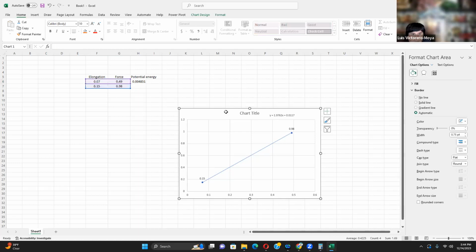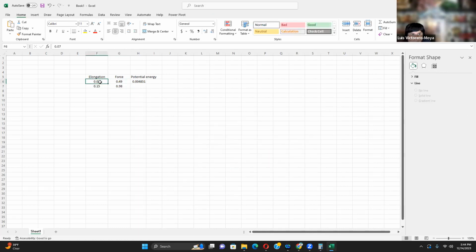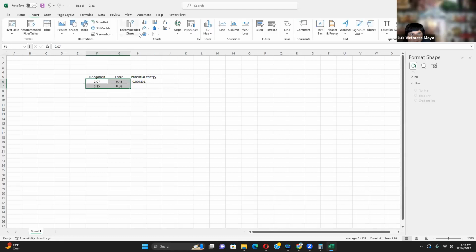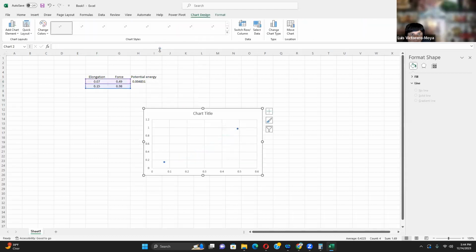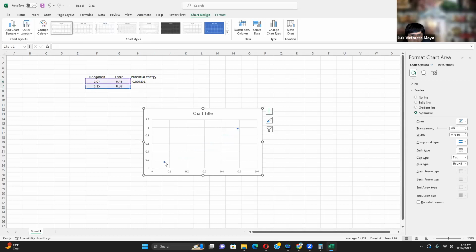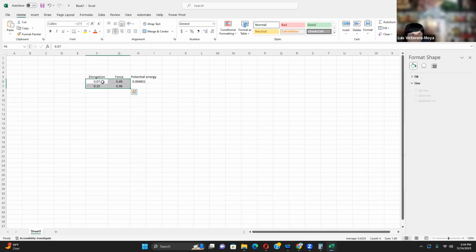Let's see what this graph is. Might happen. Maybe something is wrong here. That's the x and y axis. Since when is Excel doing this?